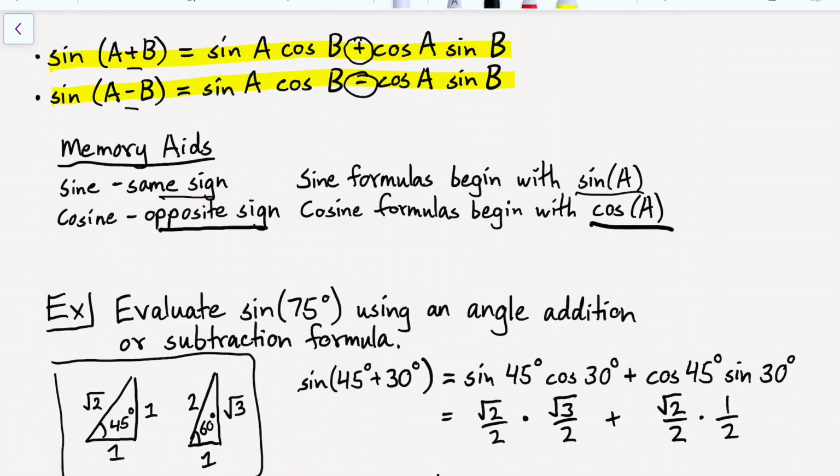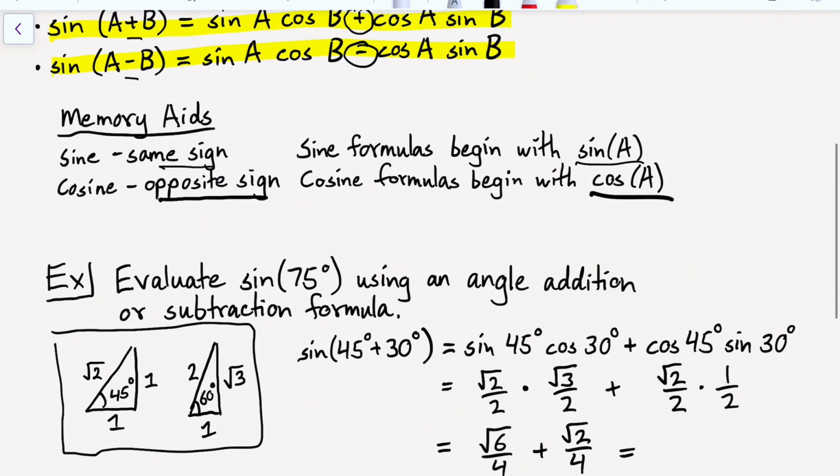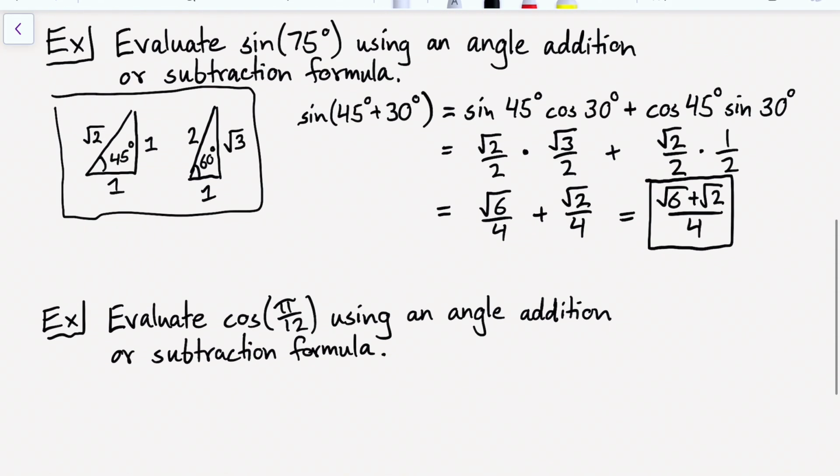And sine of 30 degrees is 1/2. If I combine this, we end up with square root of 6 over 4 plus square root of 2 over 4, or you could say root 6 plus root 2 over 4. This is an exact value for the sine of 75 degrees.